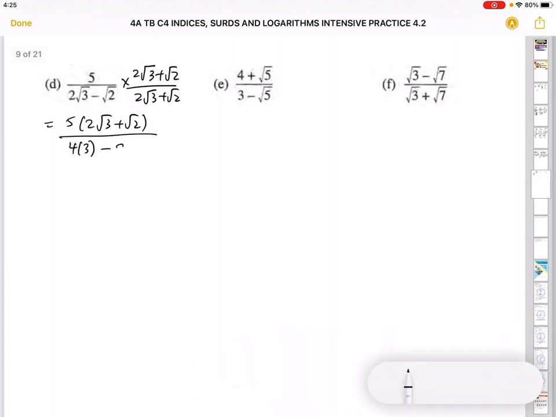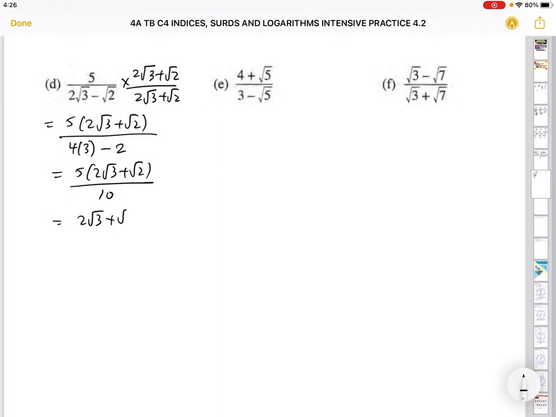So this is 5 times 2 surd 3 plus surd 2 over 10. So when you simplify it, this is your answer, right? Now sometimes you may want to break it up, because I can see this one I can divide by 2. 2 divided by 2 is just root 3, and then the second one I'll just write root 2 over 2. Yeah, or you can write half root 2.